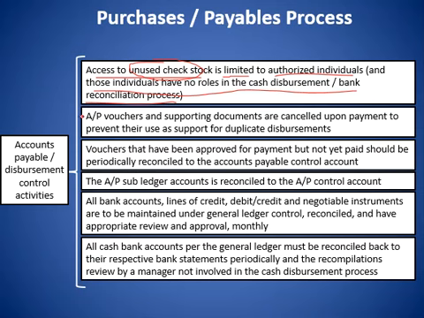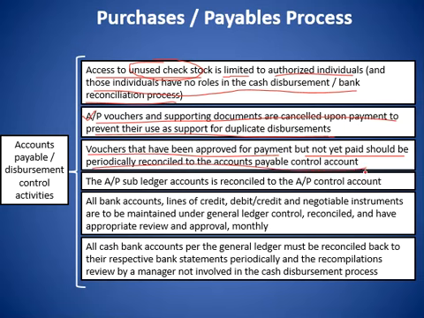As I mentioned before, in our document flow, accounts payable vouchers and all supporting documents are canceled upon payment to prevent their use as support for potential duplicate disbursements. Vouchers that have been approved for payment but haven't yet been paid should be periodically reconciled to the accounts payable control account.